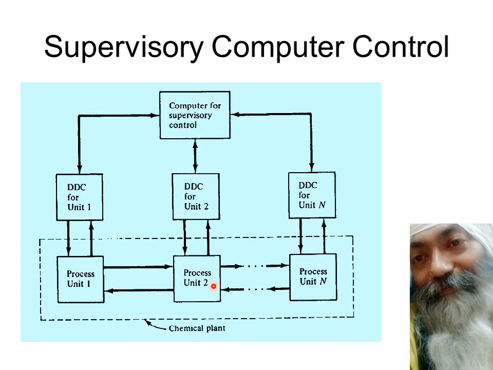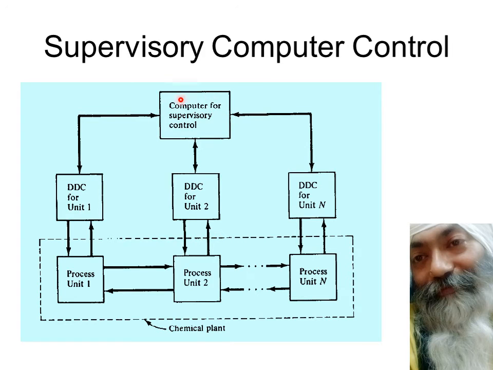There has to be proper balance in all these, and therefore the DDC for this process must know what the DDC for that process is doing, since they cannot communicate directly with each other because each is busy controlling its own plant. So all this information goes to the supervisory control, and the supervisory control in turn dictates what this DDC has to do, and what that DDC has to do, and so on and so forth.